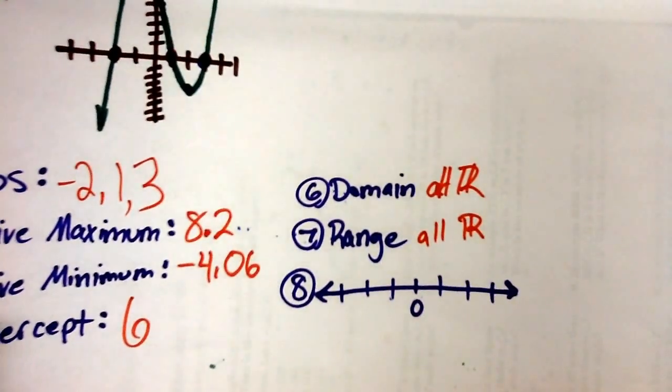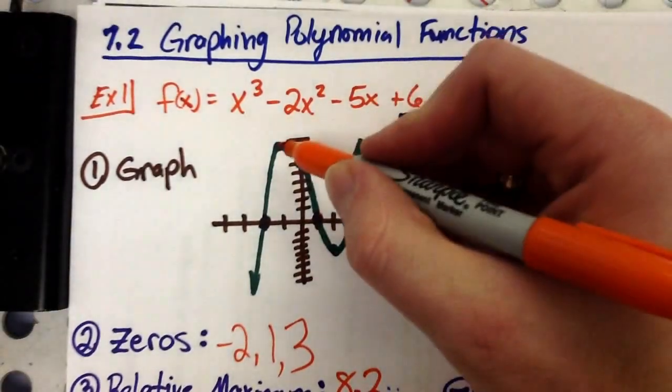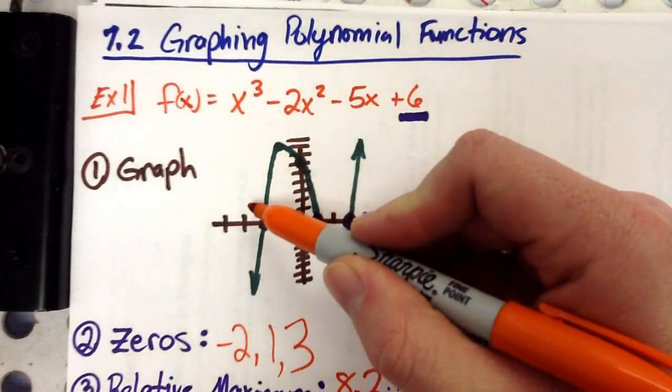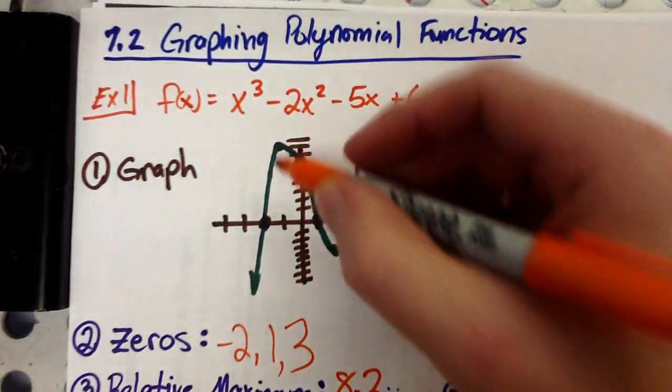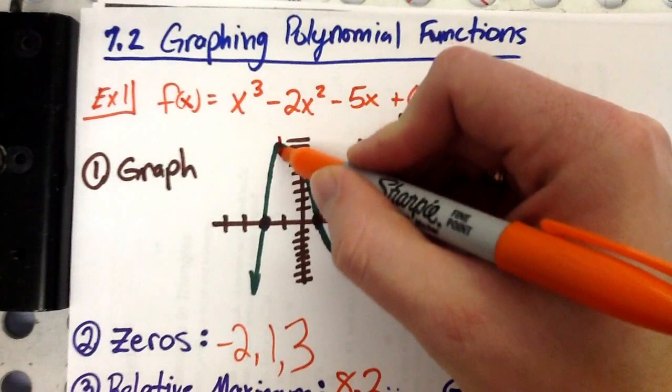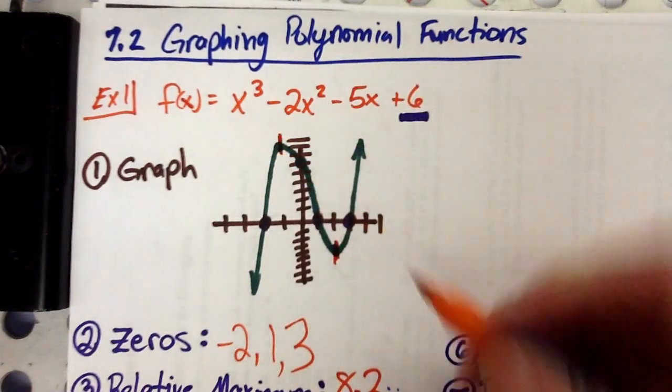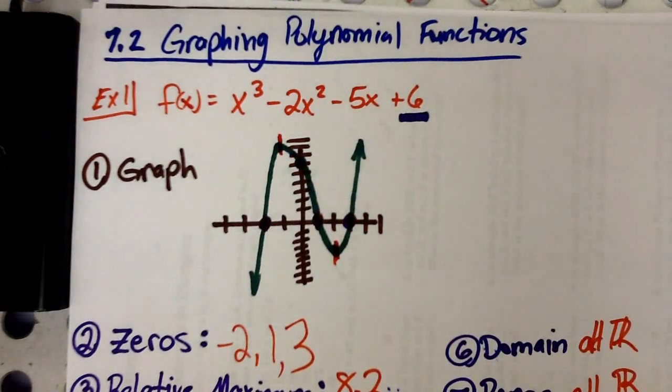All right, part 8, intervals of increasing and decreasing. Basically, I want to know at what points this graph is going up, going back down, and going back up. So any relative maximums or minimums will be your boundaries there. We've already found those.